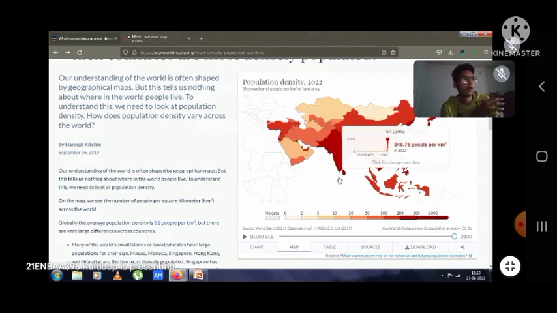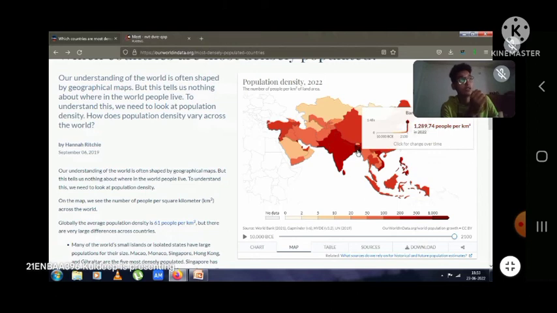And now Bangladesh, more than 1,000. It is around 1,300 people per square kilometer. Bangladesh is the most densely populated country of the world. It has, as you can see, 1,289 people per square kilometer, so almost 1,300 density.